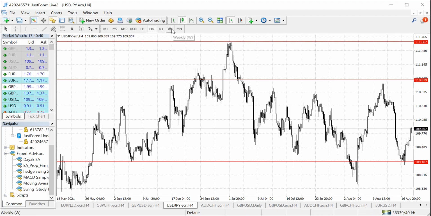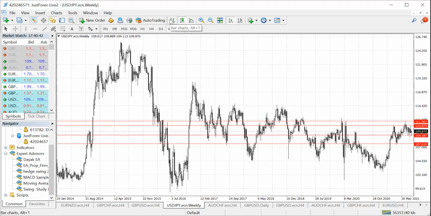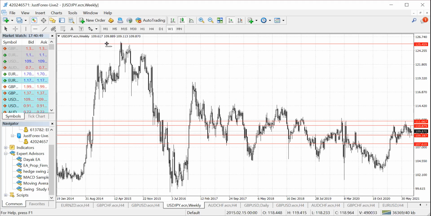Checking on USD JPY, I'll majorly concentrate on something called top-down analysis, because as a trader, you should have a plan. Then when you set a plan, you make sure that you actualize and implement the same plan.